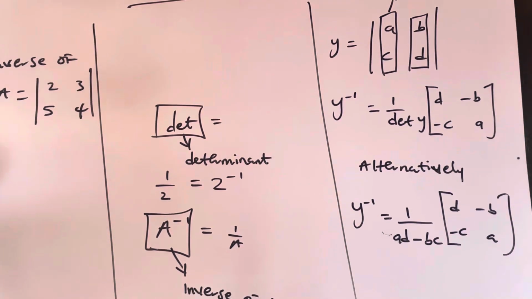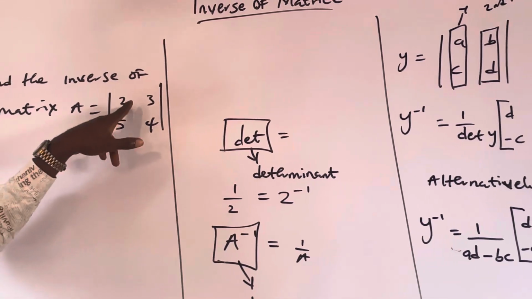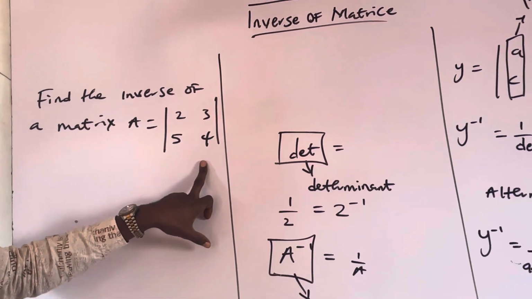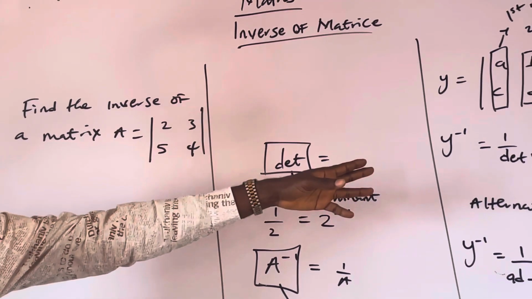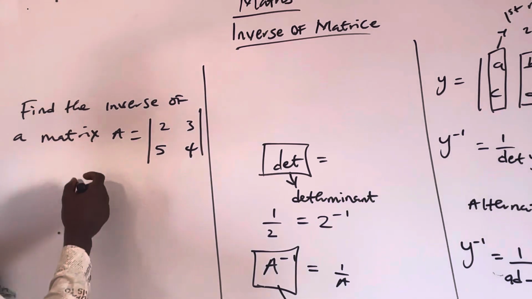Okay, look at this one. Find the inverse of a matrix A equal to 2, 3, 5, 4. Do you get? Since we have used alphabet, let's try numbers. Solution.